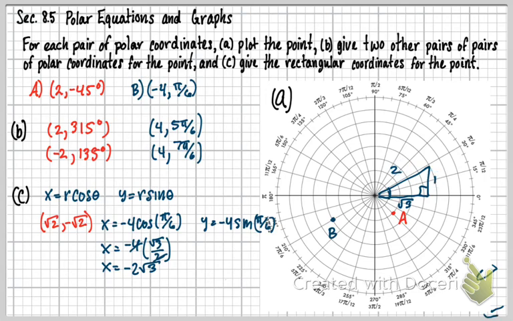Hopefully you guys are okay with that and haven't forgotten that. So y equals -4 times 1/2. And again, it's positive because we're in the first quadrant for both of those. So now -4 times 1/2, my y equals -2. So my ordered pair for my B point is going to be -2 square root of 3, comma, -2. So that's my rectangular coordinates for that point.